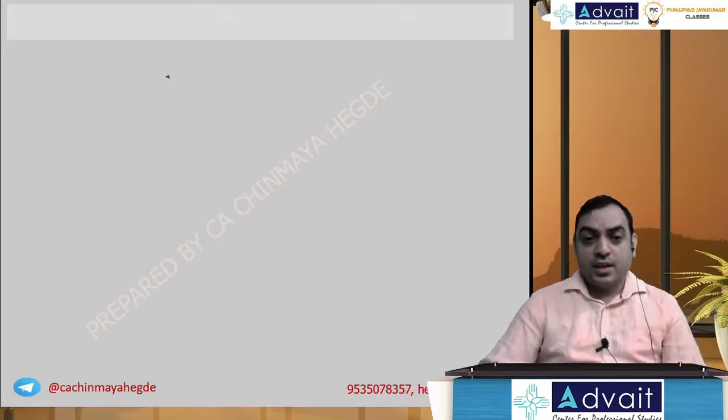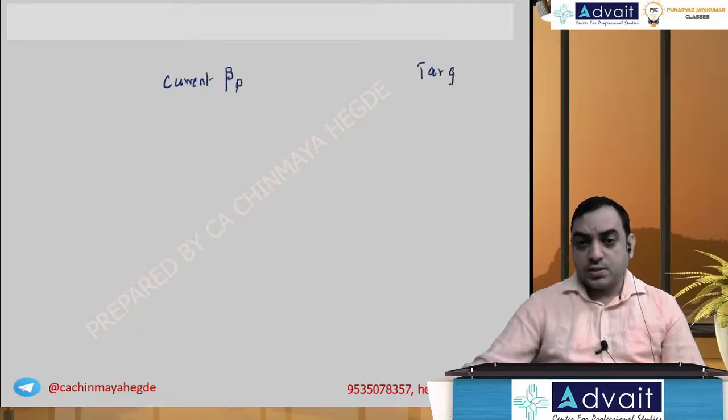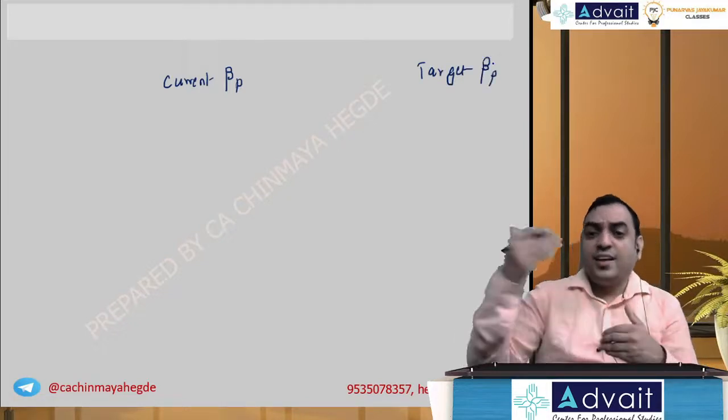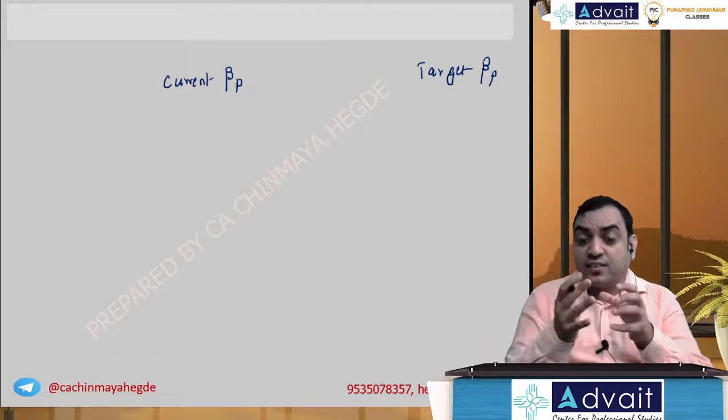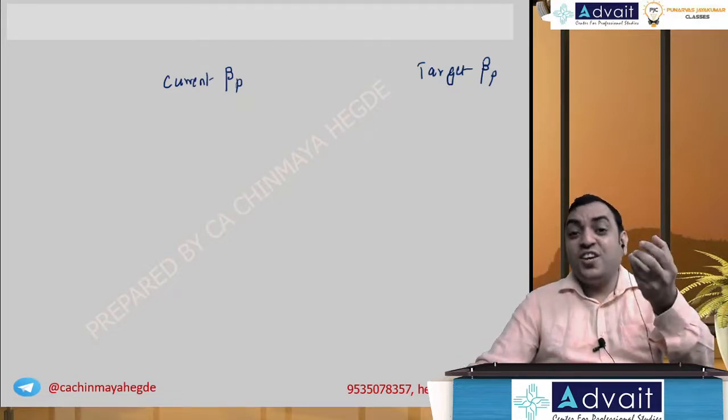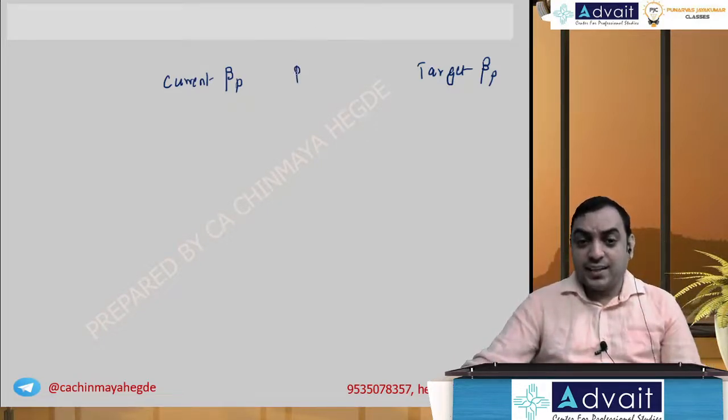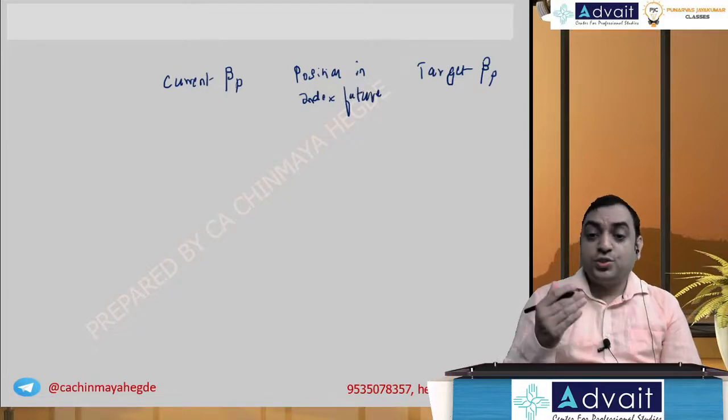Current portfolio beta, target portfolio beta. We have one current risk and we have one target risk. The difference is what? How do you achieve the difference? By taking a position in index futures.